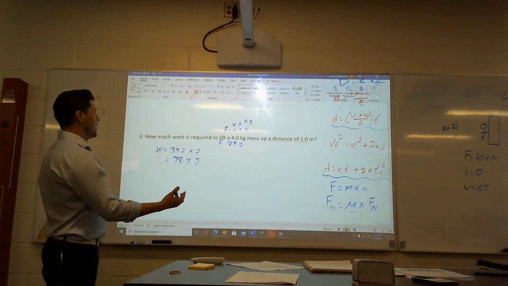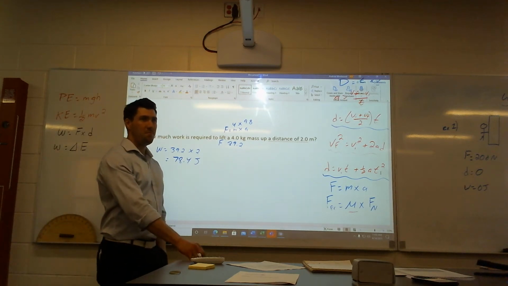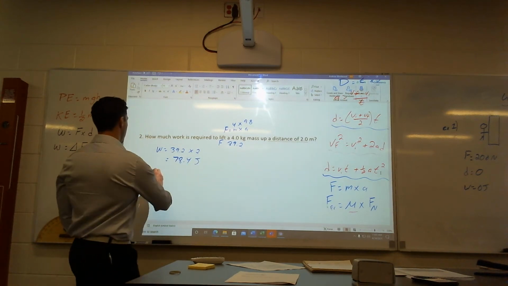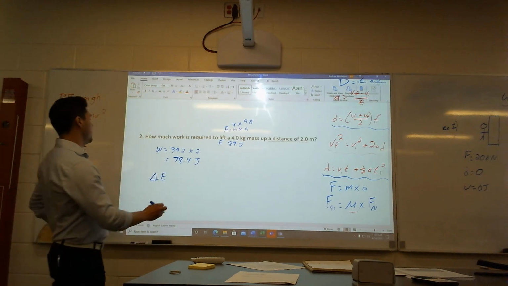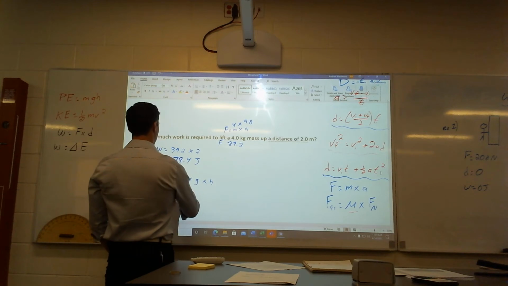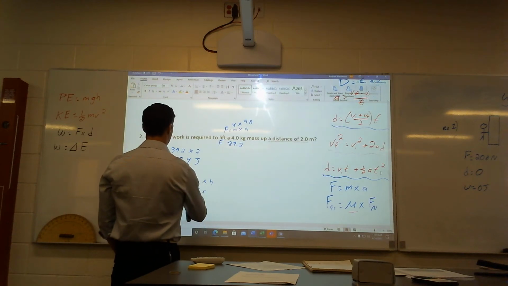So let's look at it that way. Well, I had 0 potential energy on the ground, and now it's at 2 meters, so it has potential energy. What is that change in energy? Well, the change of energy will be the potential energy. So mass times gravity times height.